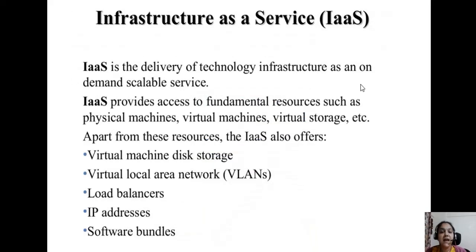Now, infrastructure as a service, since it is a service, obviously acts as a delivery of technology infrastructure as an on-demand scalable service. It is a kind of service that is being provided to the users, to the clients. You can say it is a technology so far.